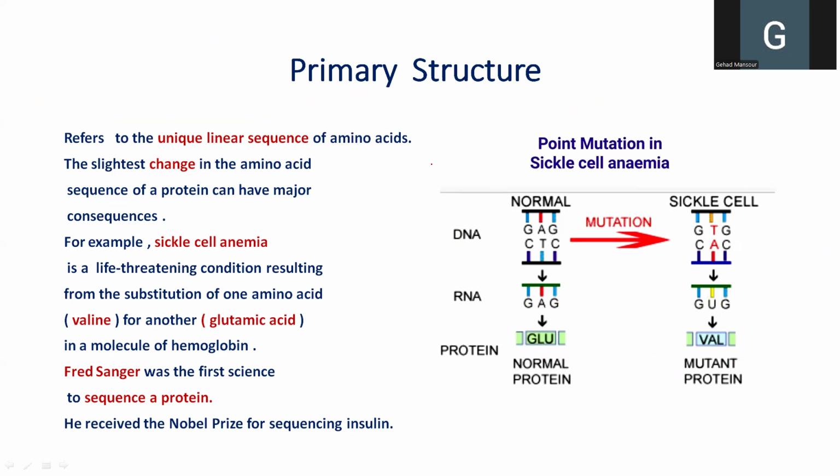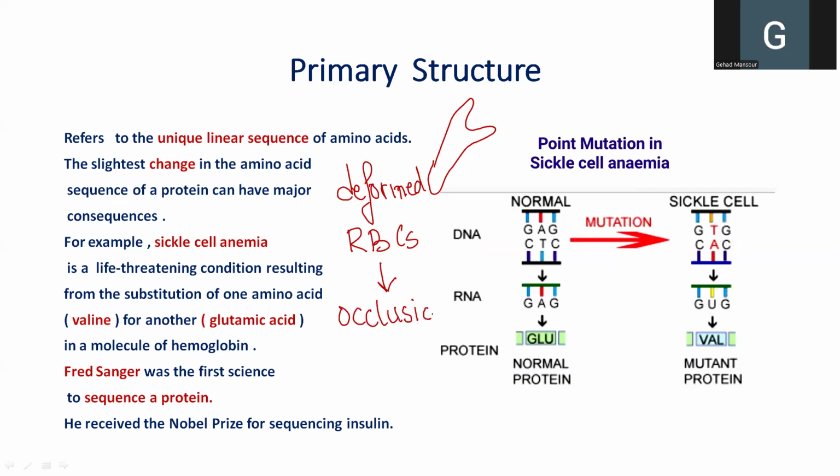Because these elongated, deformed, sickling, of course, is a deformity. So they are now deformed red blood cells or corpuscles. And these red blood corpuscles that are deformed will clog the blood vessels and will result in occlusion of the blood vessels. Therefore, blood does not reach the cells, and this might result in many symptoms and also in death of the individual.